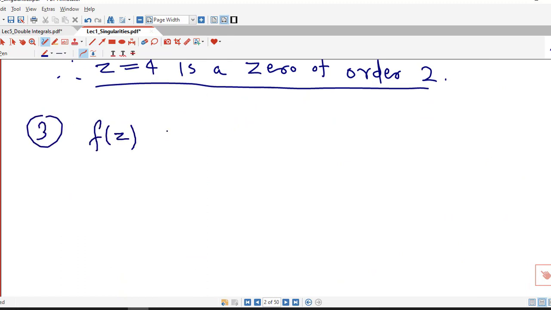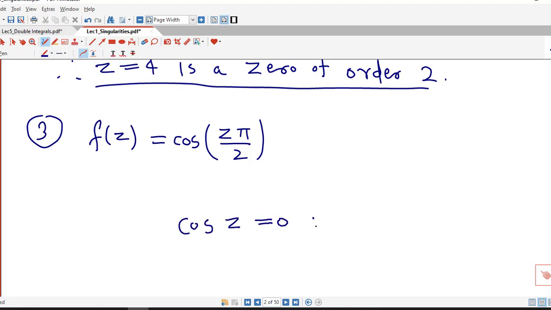f of z equal to cosine of z into pi by 2. So first we have to decide at which points the value of this function is 0. So we know that cos z equal to 0 if z equal to odd multiples of pi by 2, that is plus or minus pi by 2, plus or minus 3 pi by 2 and so on.